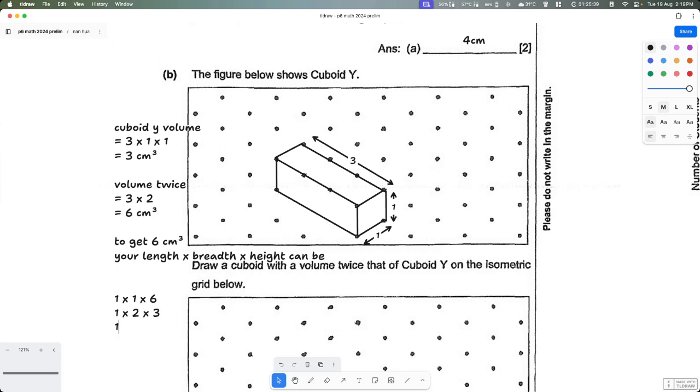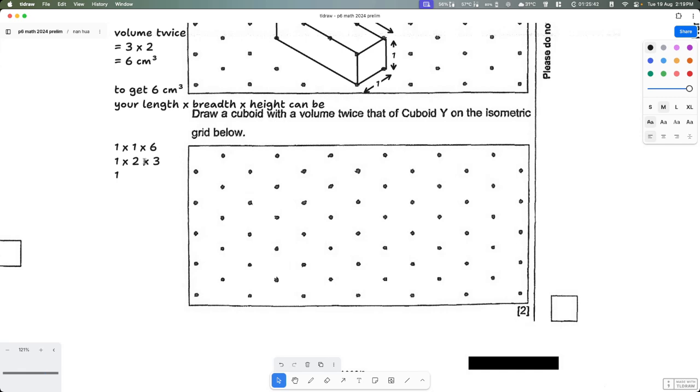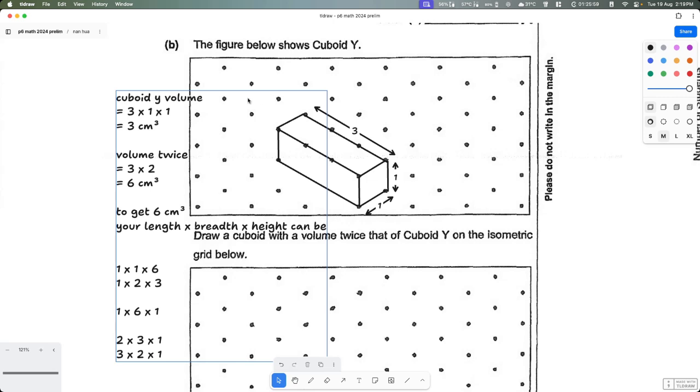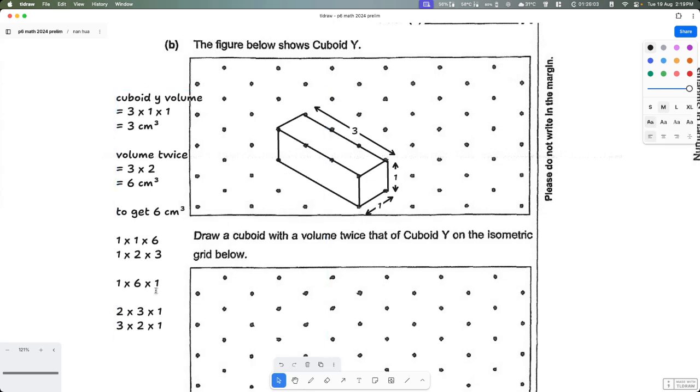So basically any numbers here, right? It can be 1 times 6 times 1, can be 2 times 3 times 1, can be 3 times 2 times 1, all of that. Okay, so what I'm going to do is I'm going to copy this. Why is it so long here?